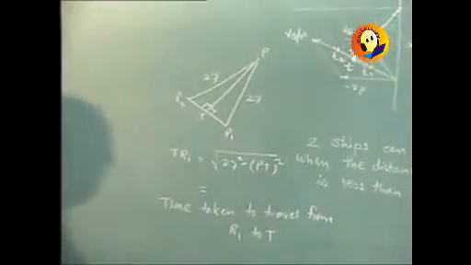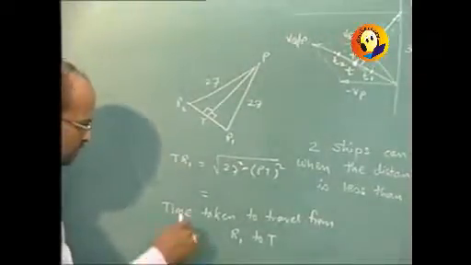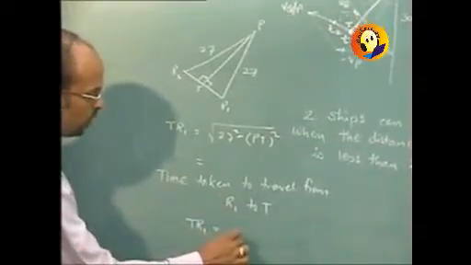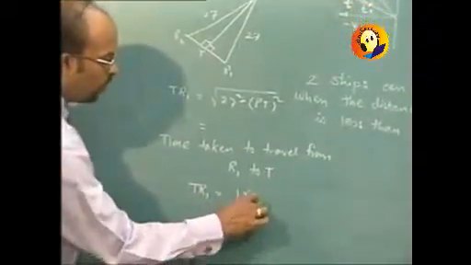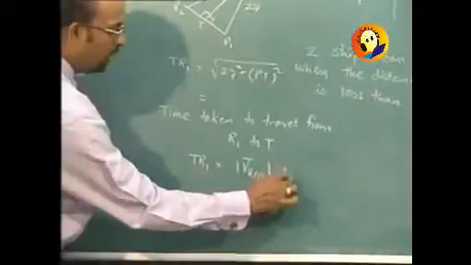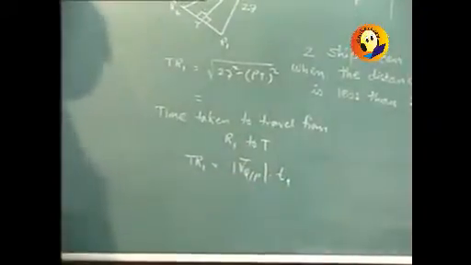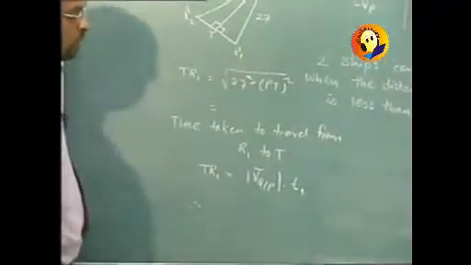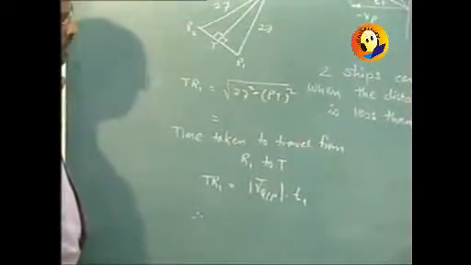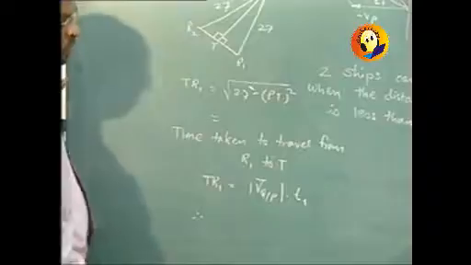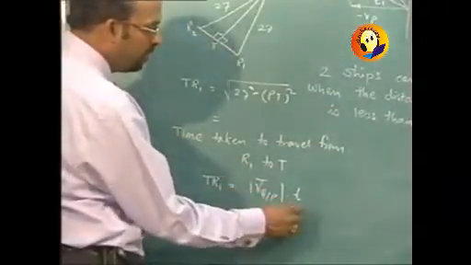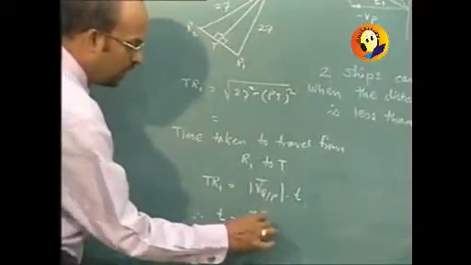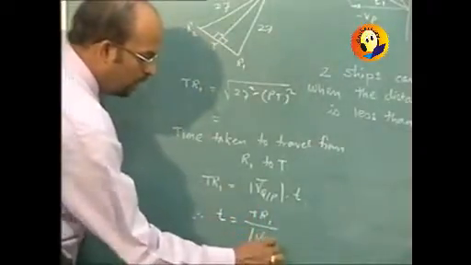So this time can be calculated, because now we can use the distance relation: TR1 is equal to mod of VQP bar into time, say T1. Is it going to be T1? No, it is not going to be T1, it is some time, say T. So let us calculate that time T, which is TR1 upon mod of VQP bar.